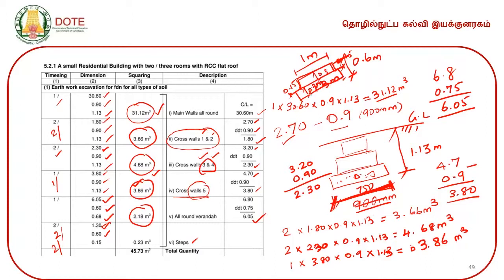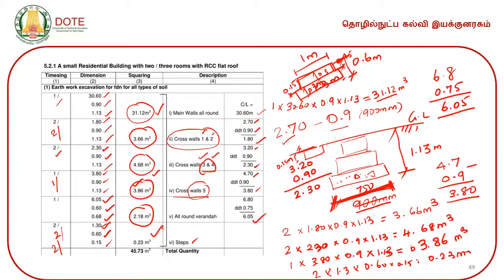Then the depth of steps is 0.15 meter. Multiplying 2 into 1.30 into 0.60 into 0.15 gives 0.23 meter cube.